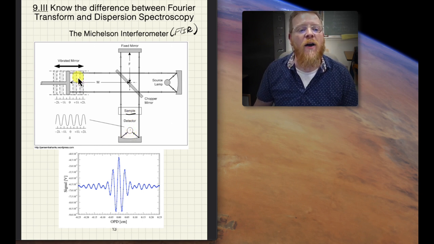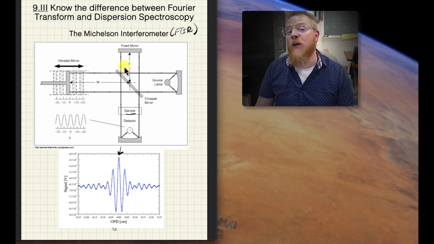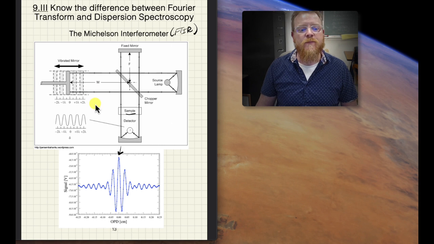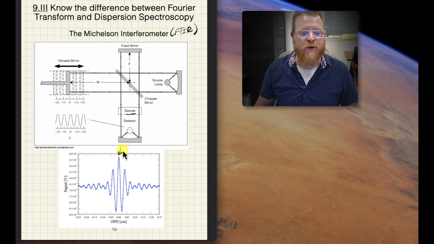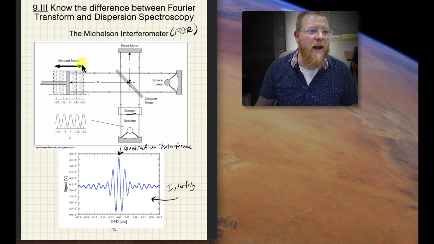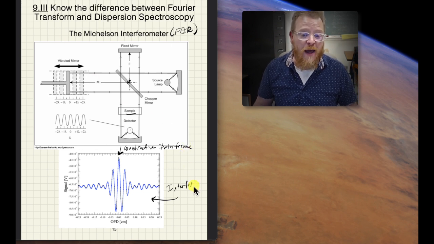Now, when they are at a position that I like to refer to as the center burst, right here, typically where M and F are either equal to each other or some integer value to each other, we get maximum constructive interference. By the way, this diagram that we have here is called an interferogram, and that is actually the raw signal that an FTIR measures.